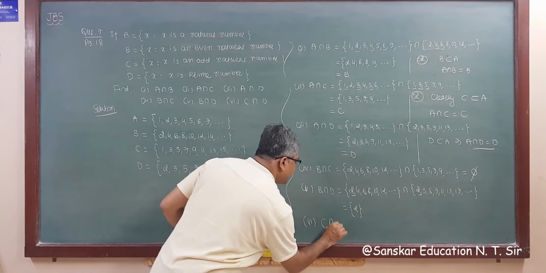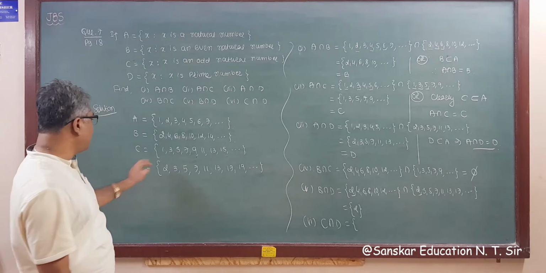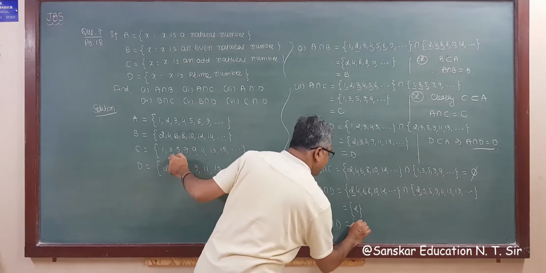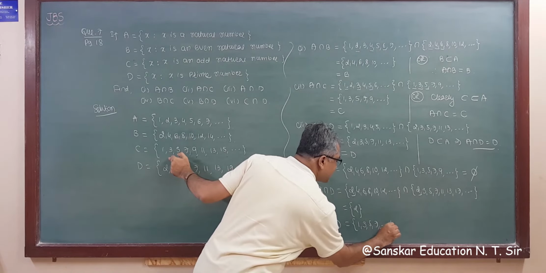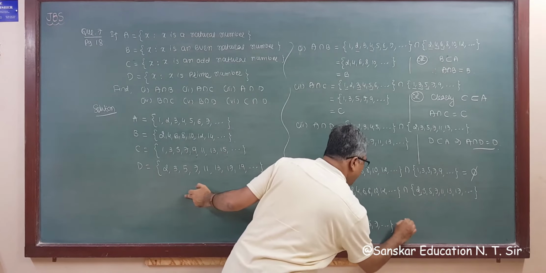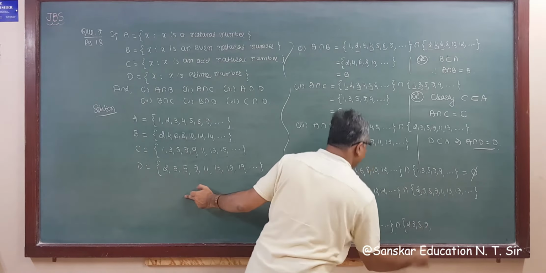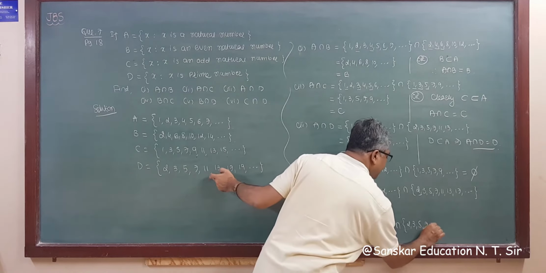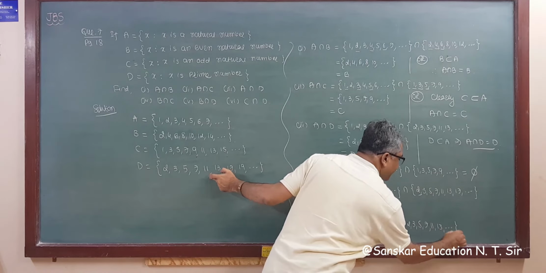So C intersection D is equal to, now C is the set of odd natural numbers, that is 1, 3, 5, 7, and D is 2, 3, 5, 7, 11, 13, right?